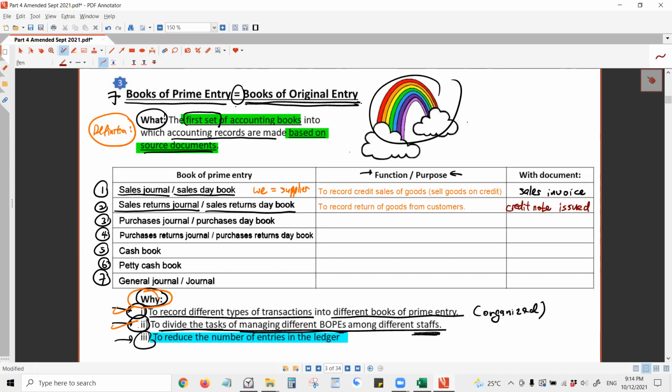Okay. Now, next book of prime entry. Purchases journal, or we call it purchases table. Function, let's write together.